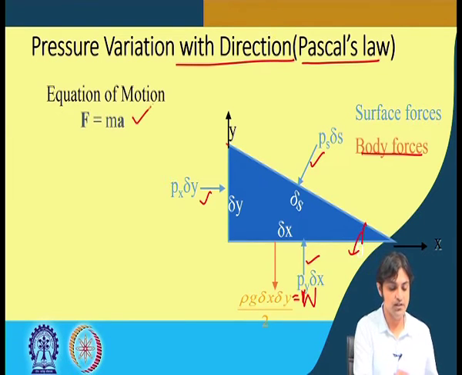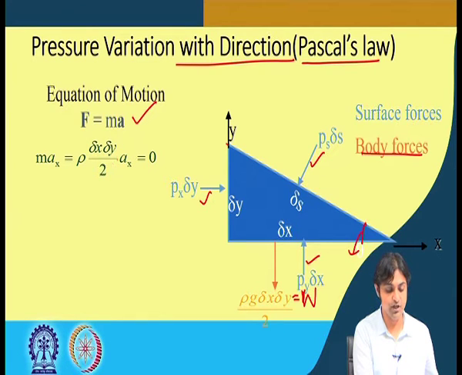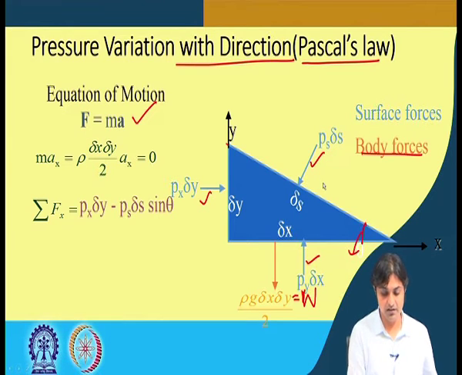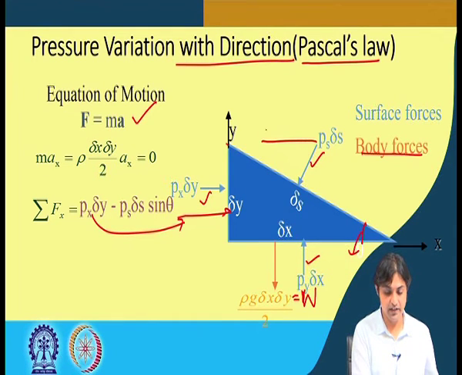Force is given by mass into acceleration, and mass is rho into volume, so rho delta x delta y by 2 into 1, because we have assumed unit length, into ax, and this should be equal to 0, right? The summation of the forces on this body in the x direction is going to be Px delta y, and there will be a component in this direction of Ps delta s, given by Ps delta s sine theta.